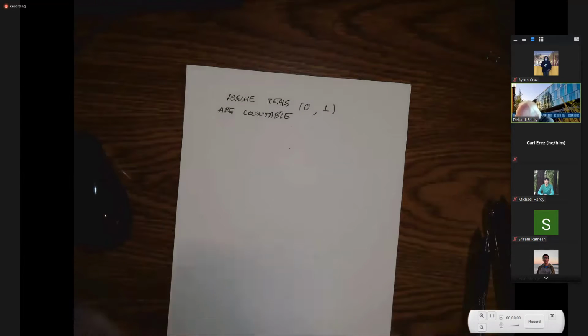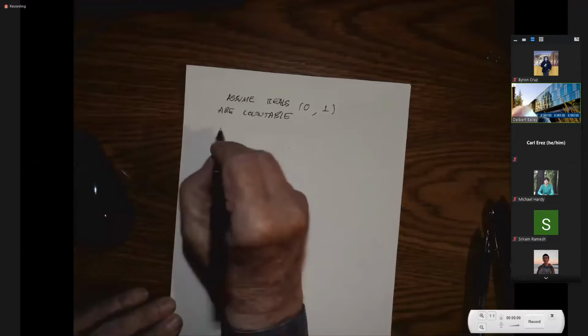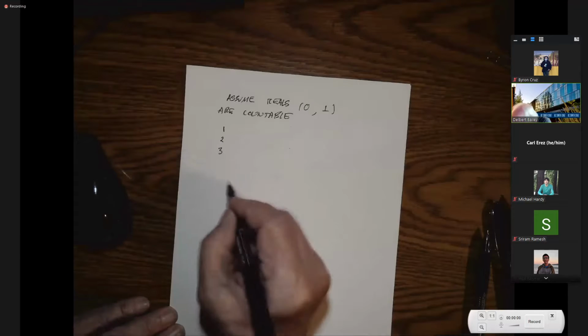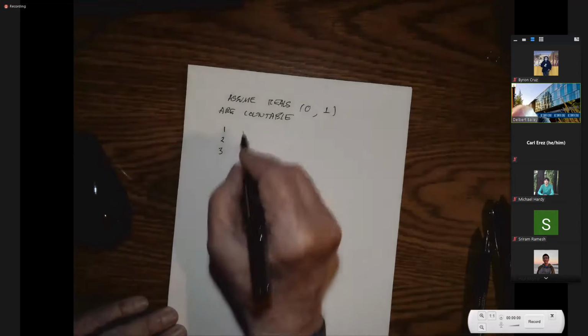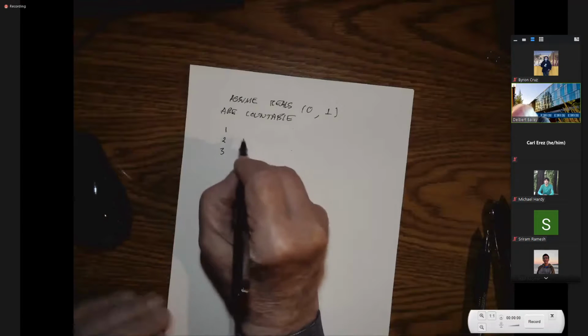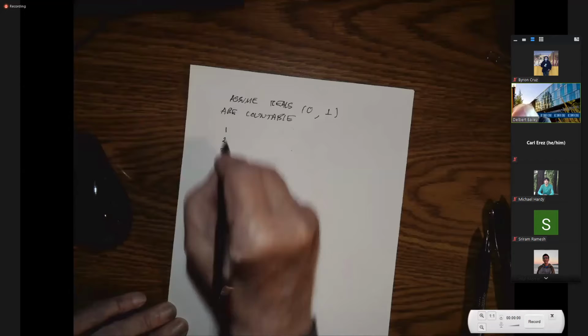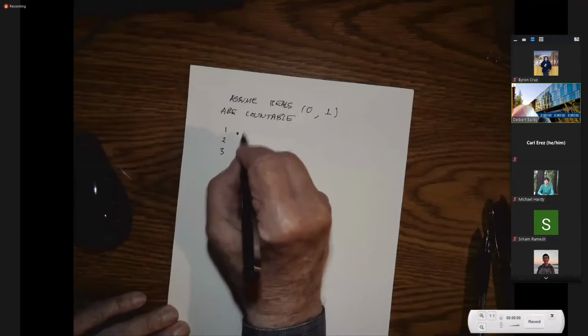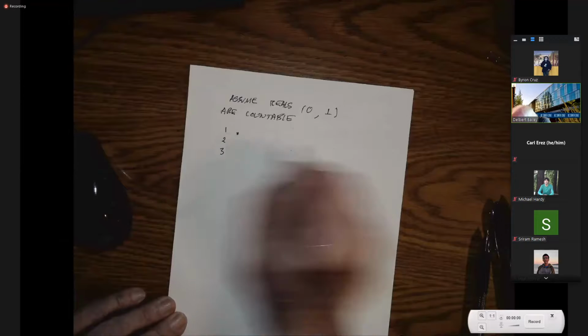Okay, then that means that it'd be possible to make a list of them, right? So let's make the list. Here's the first one, the second one, the third one, etc. Okay, so we can think of these numbers as being like point, and then we have some digits out here, right?